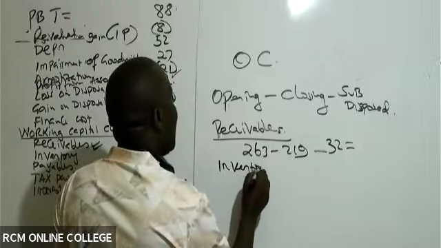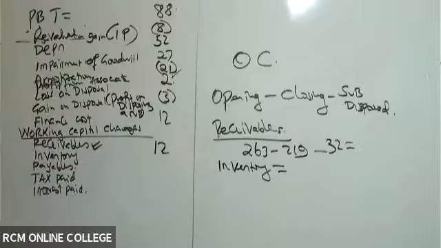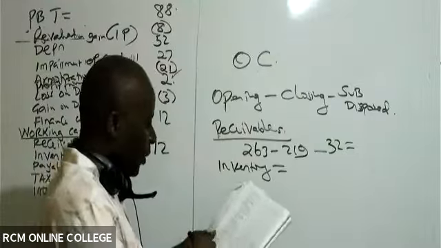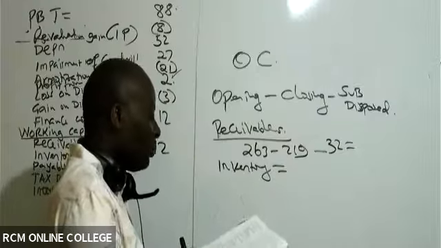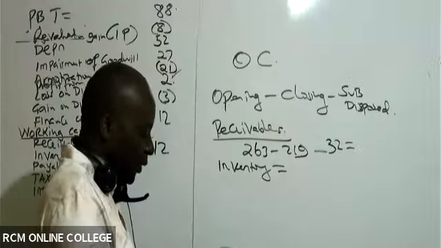I would want to see whether there is anybody who will be able to do the same for inventory for us. Go ahead and do inventory. It's about opening minus closing minus the subsidiary disposed. So in inventory opening, is there somebody who is able to see inventory under current assets?